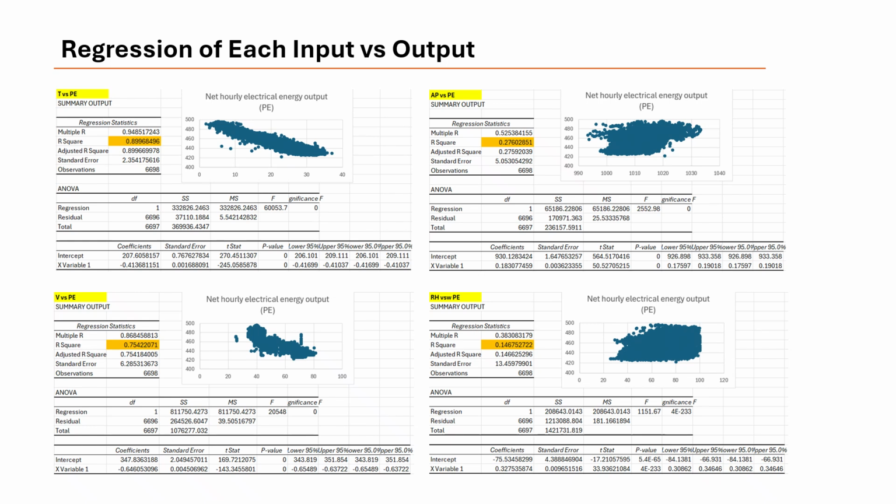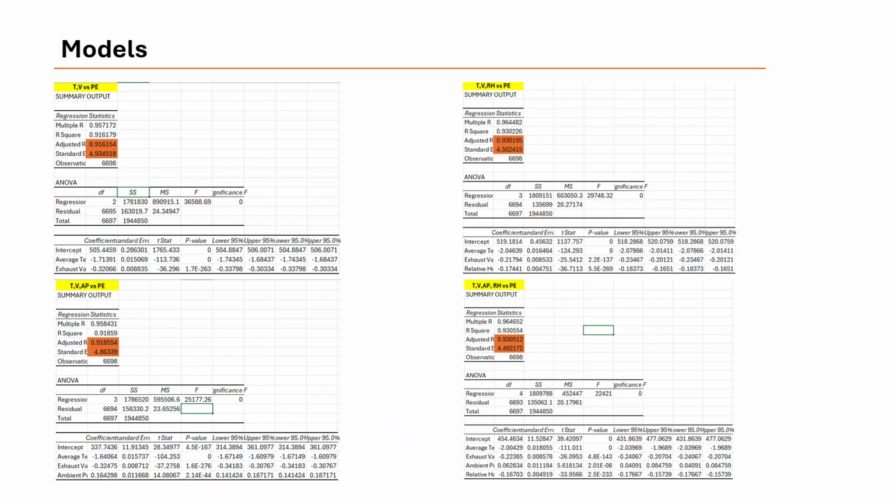However, as a model, we have also considered AP and RH along with AT and V, and we also consider a combination of all four as a model. So in total, we have considered four models here.